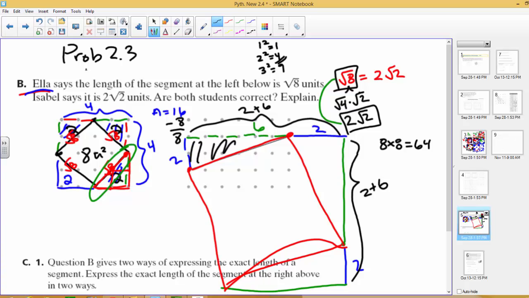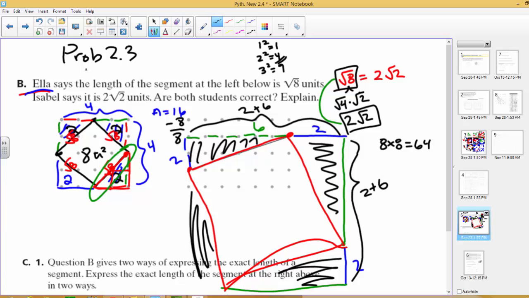Each triangle is 2 by 6. There's 4 of them. And 6 times 2 is 12. And since it's a triangle, you need to divide by 2, which is 6. So 4 sixes is 24. So you're left over with 40. This square's area is 40. So every diagonal length is square root of 40.